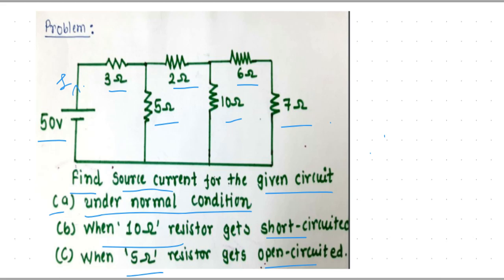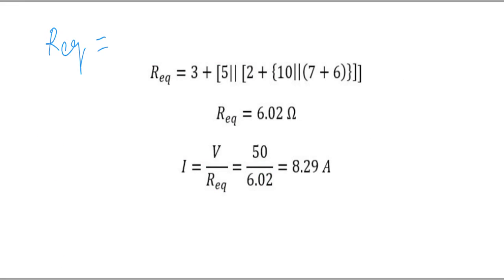That means this is the circuit. So in this circuit, you can see that 7 ohm is in series with 6 ohm, and the combination is parallel with 10 ohm, in series with 2 ohm, parallel with 5 ohm, and in series with 3 ohm. So first of all, I will write down equation for R equivalent.